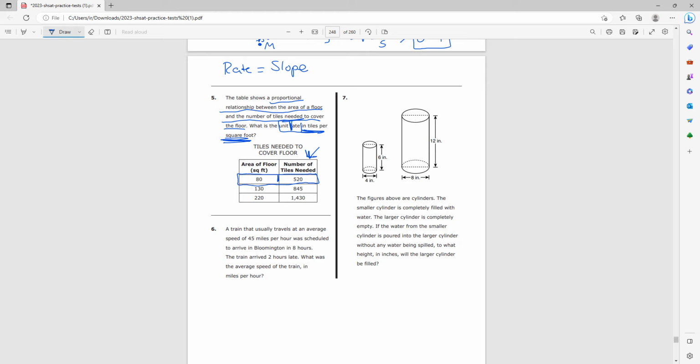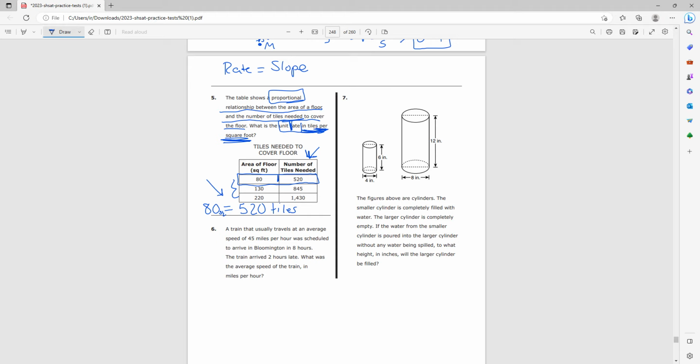What this row tells us is that if you want 80 square feet of floor, you're going to need 520 tiles. And of course, since this is a proportional table, we can use any one of these rows. I just think because you don't have a calculator on this test, it's easier to deal with this because this is the smallest number. So you know that 80 square feet is equal to 520 tiles, and it's asking us for the unit rate in tiles per square foot.